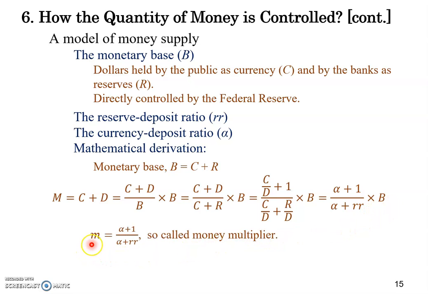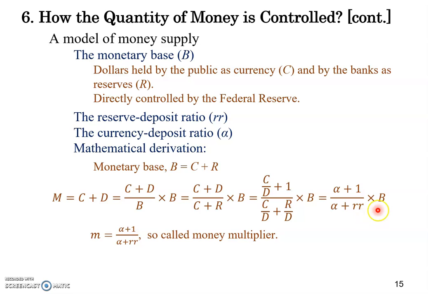Here lowercase m is used to denote alpha plus 1 over alpha plus RR. This is the so-called money multiplier. You probably still remember back in chapter 3 we discussed the tax cut multiplier and the government spending multiplier. Here is a third multiplier. It's called the money multiplier.